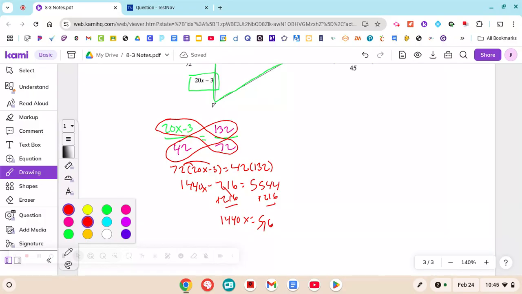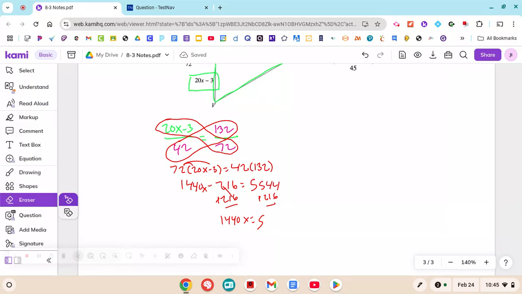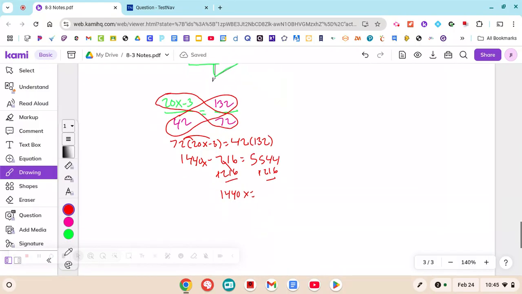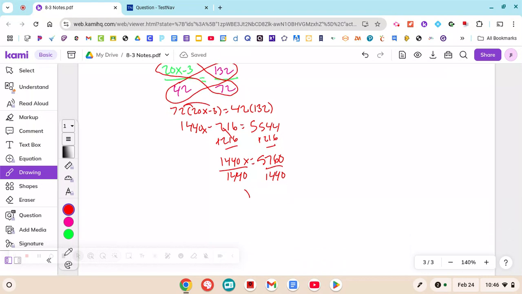Oops, sorry, that got really sloppy. We'll divide by 1440. And you get 4 out for an answer.